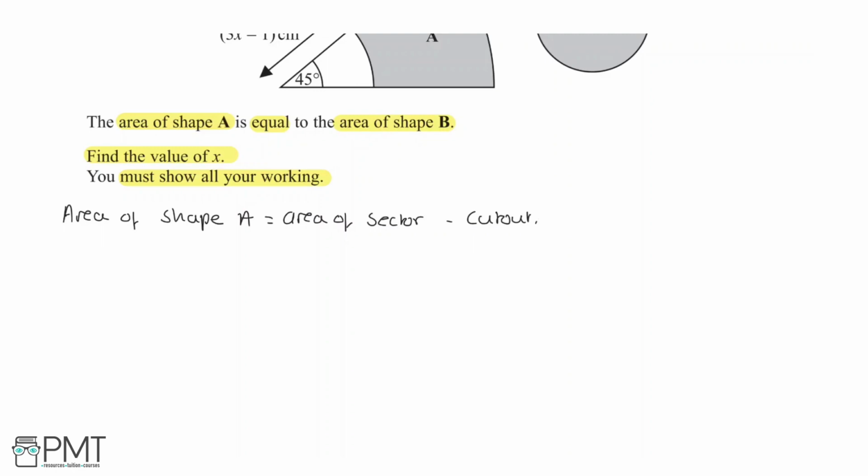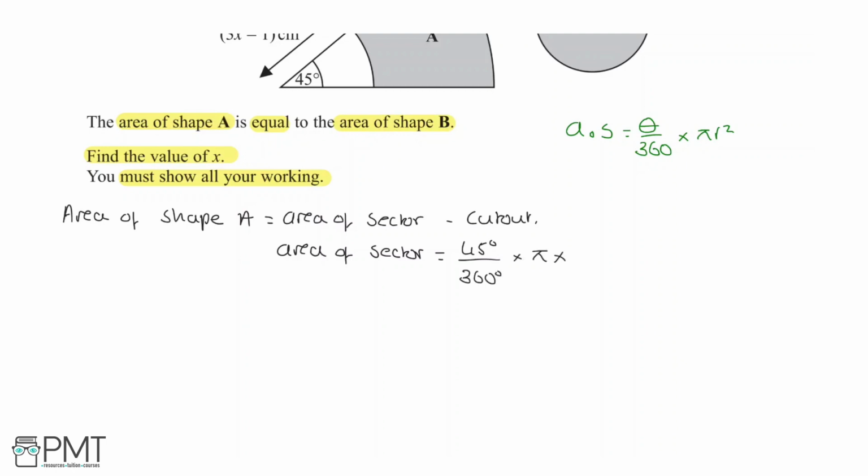Let's first start by finding the area of sector. And the formula for the area of sector, I'm just going to denote it AOS, to save some time, is the angle divided by 360 times pi r squared. So this will be 45 degrees over 360 degrees times pi.